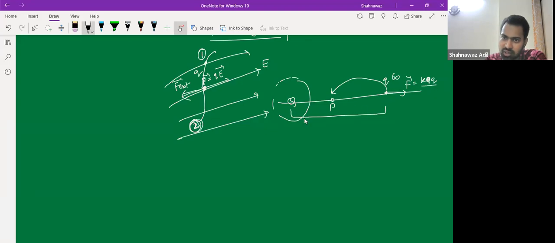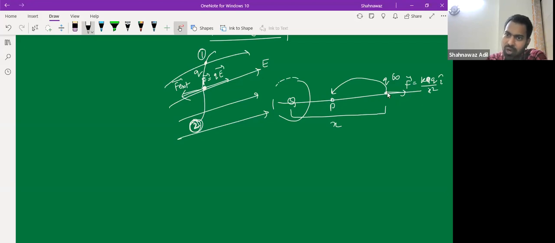Let's say this distance is x, and in this direction, let's say I. But to bring this charge from here to here, this will not come automatically because it is experiencing some force in this direction.